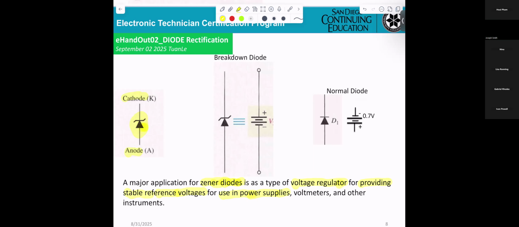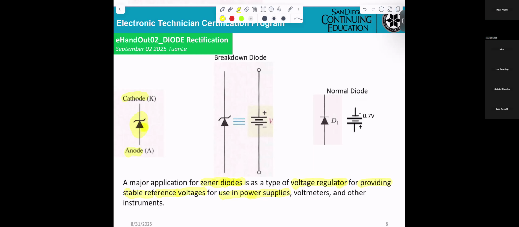Now I will tell you why they need this diode. This diode will try to get the certain voltage you want. For digital circuitry, they need a power supply of only 5 volts, it cannot be higher.